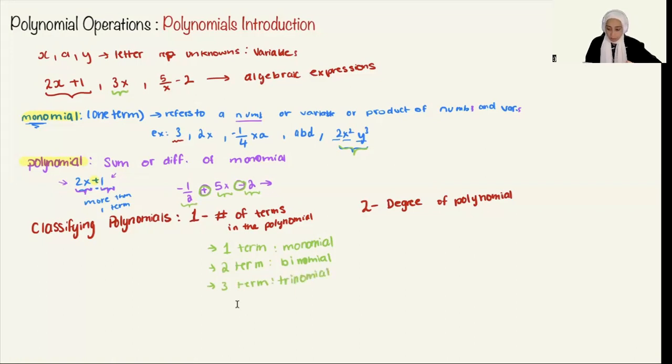They're like, okay, we don't want to keep going further. So they said four or more terms, that is what we're going to just call an open polynomial. All right, so just a polynomial.